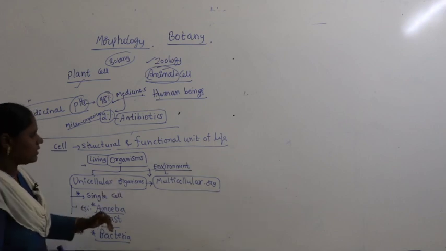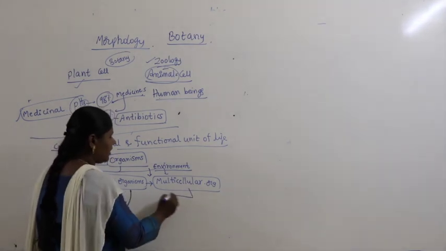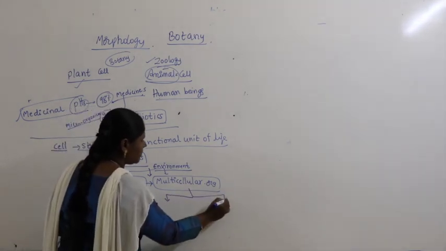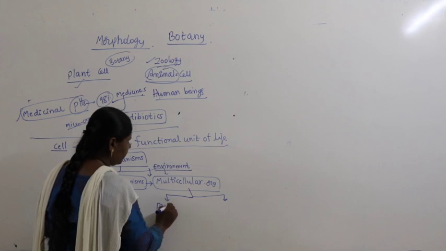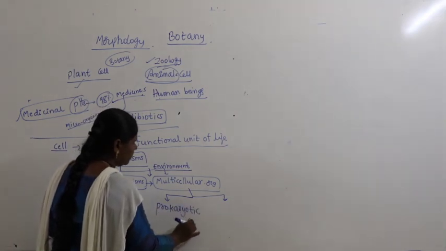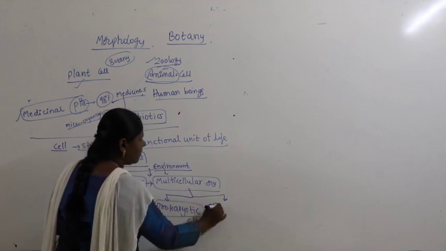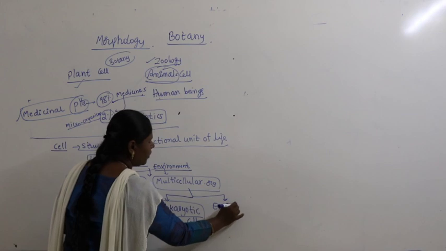Now these organisms later, for our understanding, we again classified into two categories. What are they? Prokaryotic cells and then eukaryotic cells.